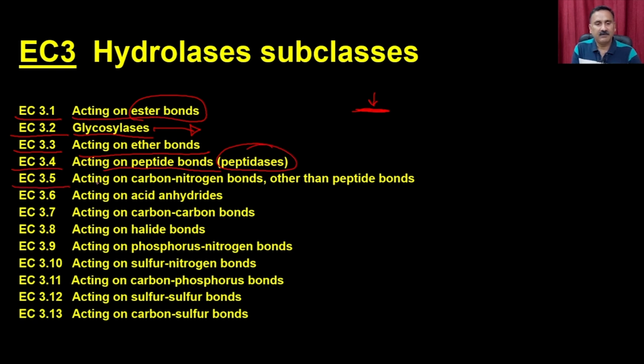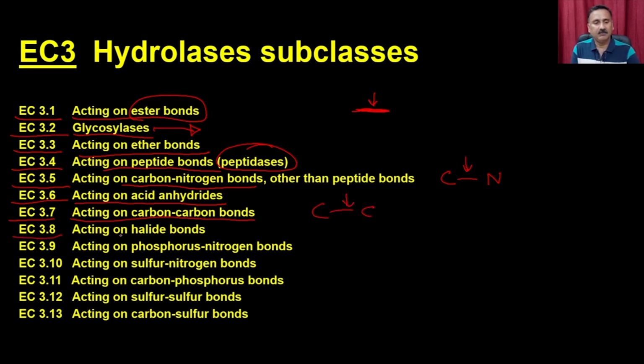Then we see 3.5, which acts on carbon-nitrogen bonds, which means it is breaking this bond.